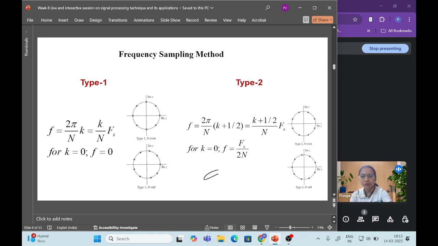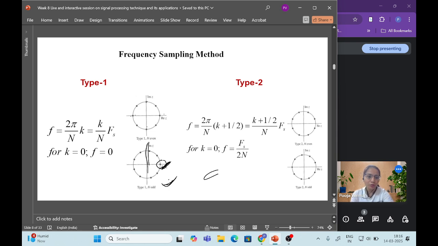In type 1, when n is even, this type of circular convolution will be represented, and when n is odd and type 1, there is this type of. Here only one function will be at this, and all the zeros and all the poles are on that line, 0, 90, 180, and 360.